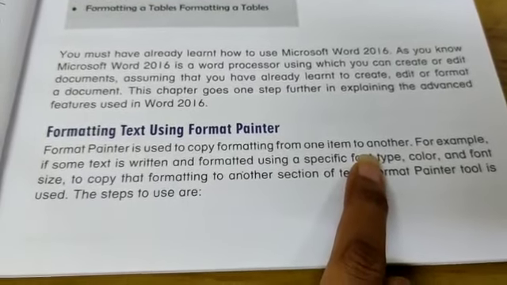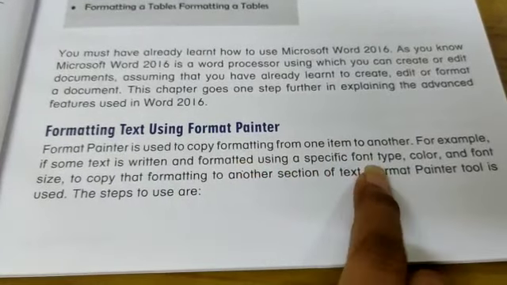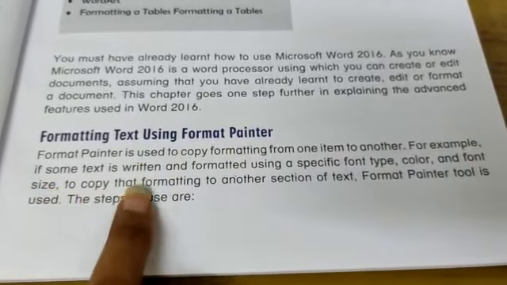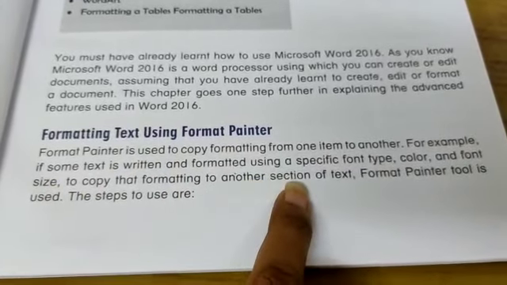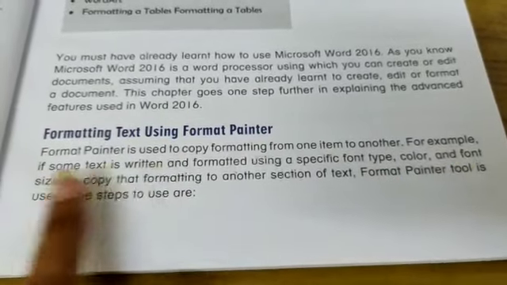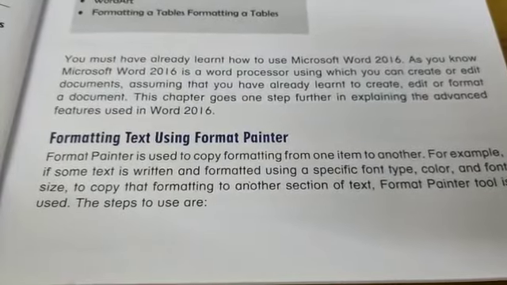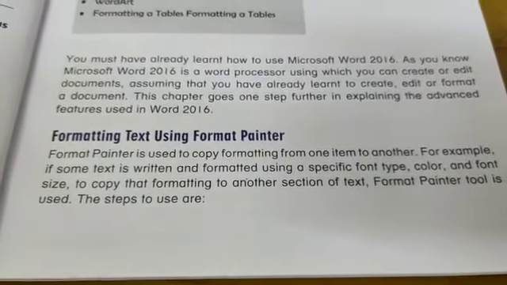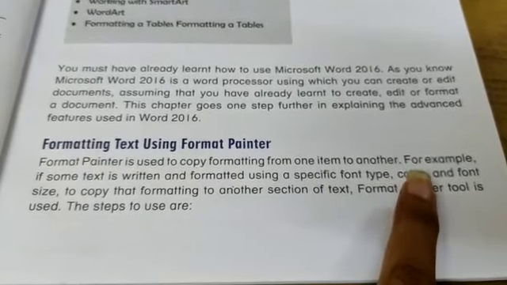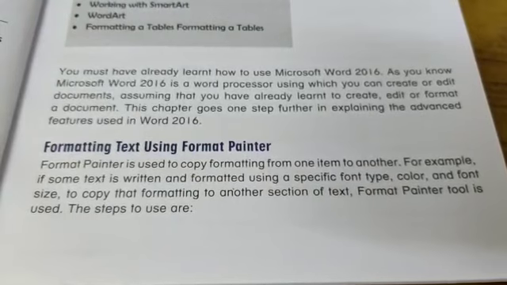For example, if some text is written and formatted using a specific font type, color and font size, to copy that formatting to another section of text, the Format Painter tool is used. If you have already written something and now you want to change that font type and color, you will use this Format Painter.